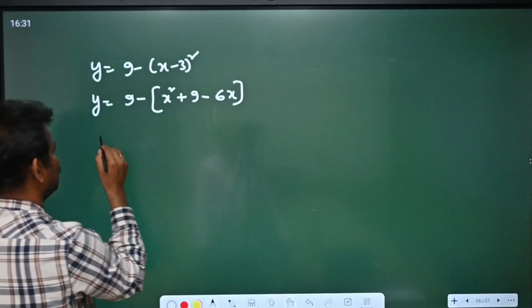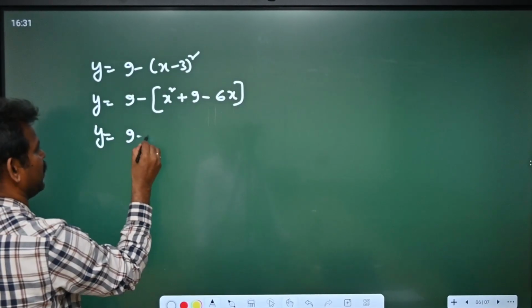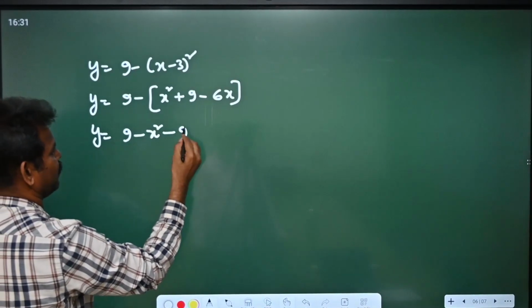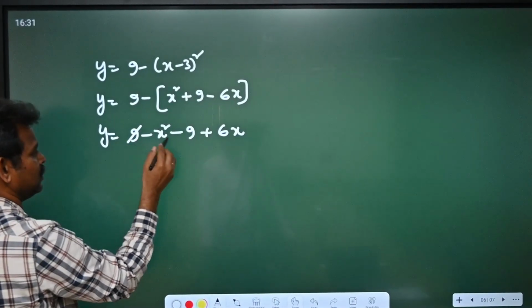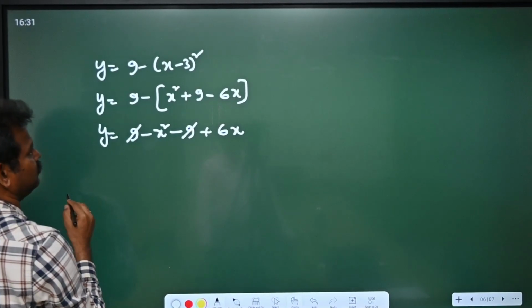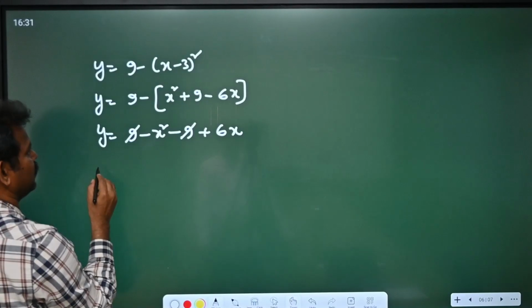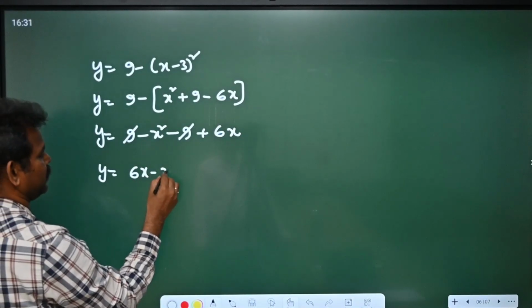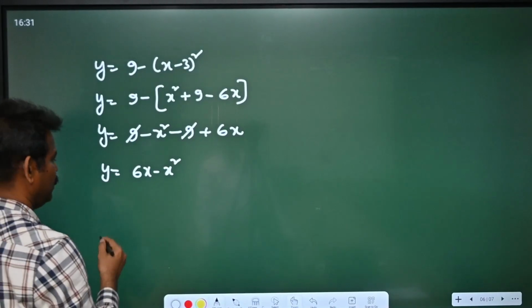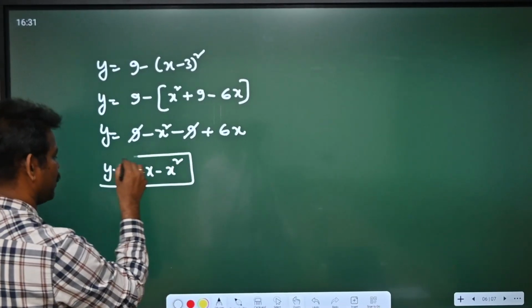So the given function can be written as 9 minus x square minus 9 plus 6x. Now you can see these two get cancelled. This will become y is equal to 6x minus x square. Now this is the function that we obtained.